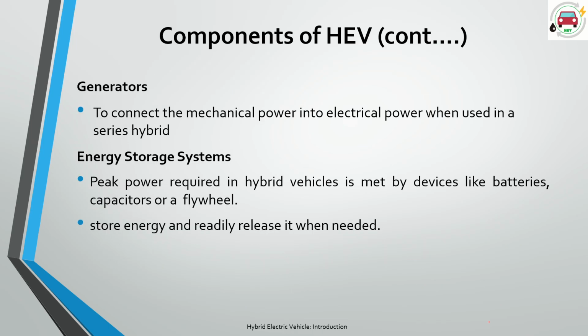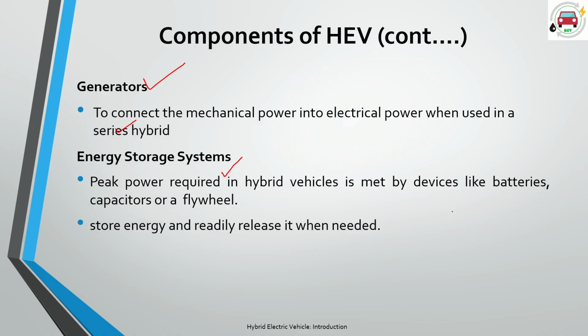Okay, so again we have the generators in the case of series hybrid systems, right? In a series hybrid system, we have the generators and the energy storage system, that is batteries. Simply we can say the batteries. When peak power is required, the hybrid vehicle is met by devices like batteries, capacitors, or flywheels. Anything we can use, right?